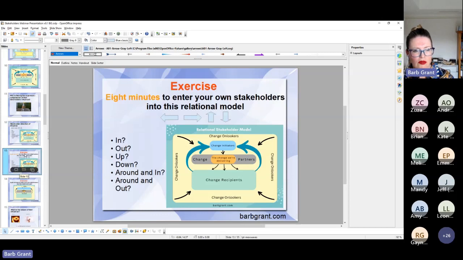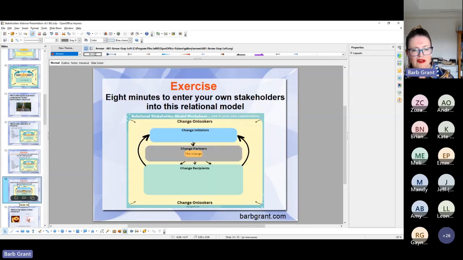There's one just showing you what the model looks like, and a second one where I basically squished everything out, to give you an opportunity to write in and around and through all of the stakeholders that you have in your process. So is that clear to everybody what we're about for this section? Very good. Okay, cool.